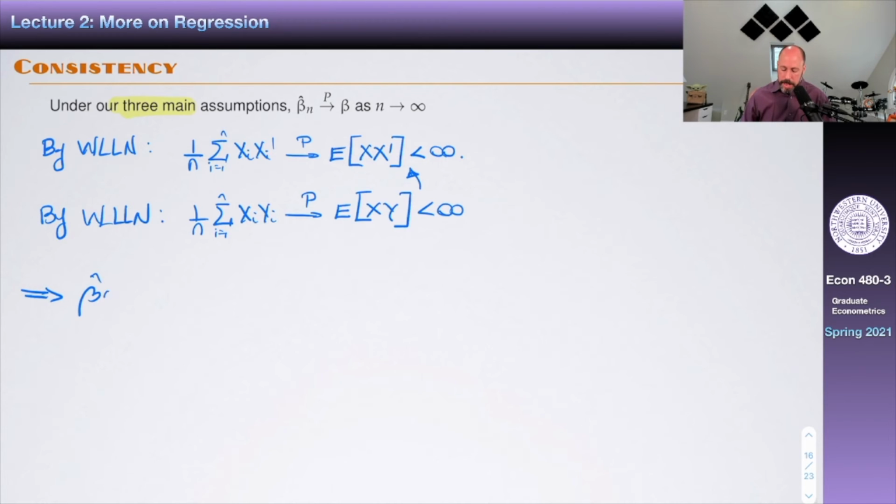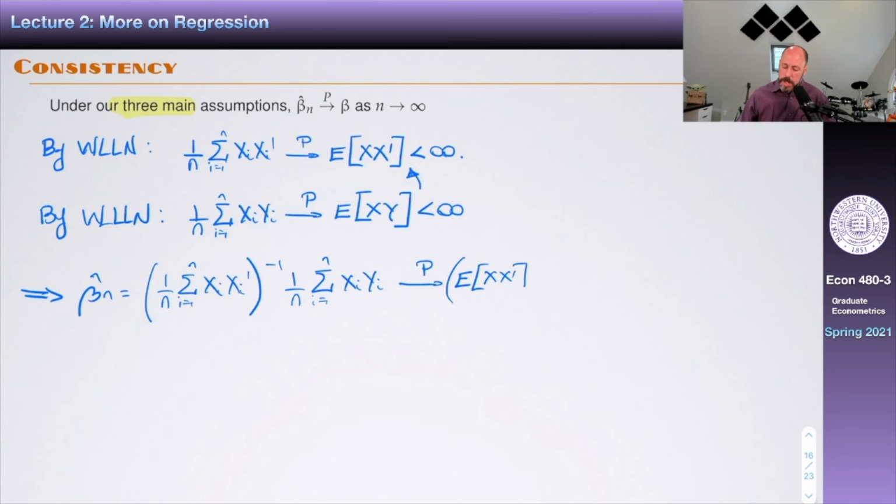So then, since beta hat n is (1 over n sum from 1 to n of xi xi prime) inverse times (1 over n sum from 1 to n of xi yi), this converges to expected value of x x prime inverse times expected value of x y, which is beta, by the continuous mapping theorem.